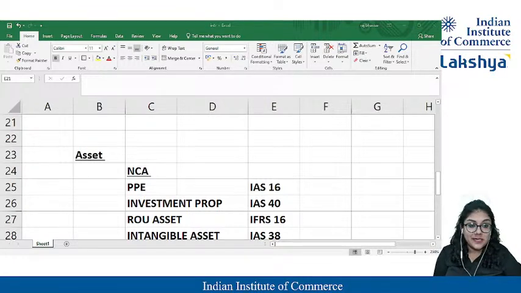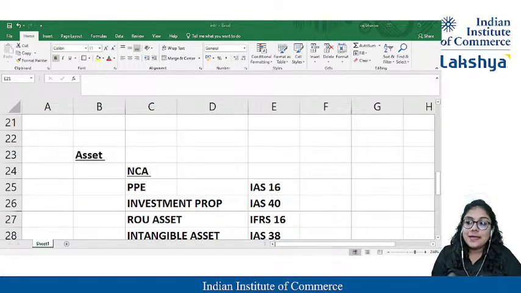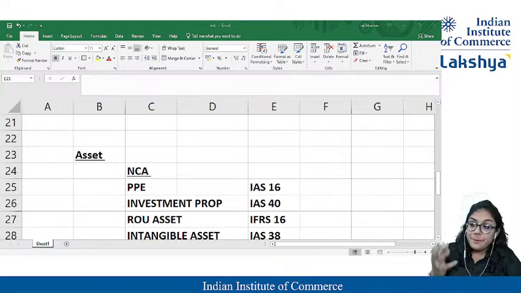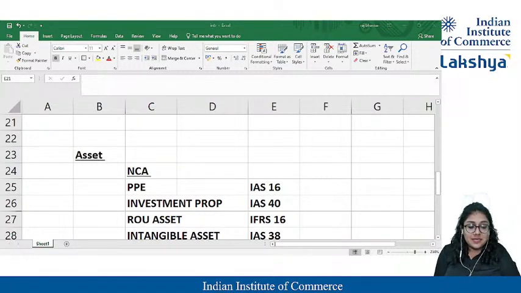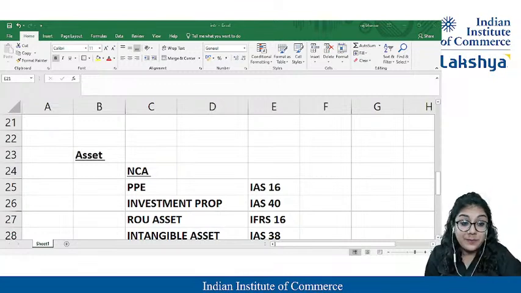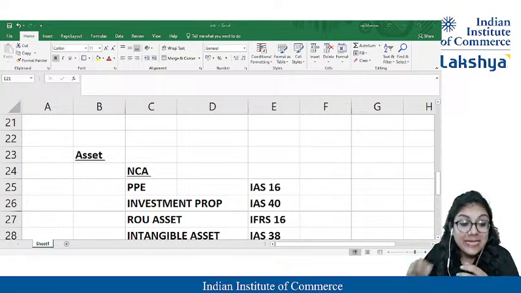Then the most important concept is financial instruments. If I just give you an overview within 5 minutes, it will not be sufficient, but financial instruments are again very important. Why? Because it is a contract between a financial asset along with a financial liability or equity.